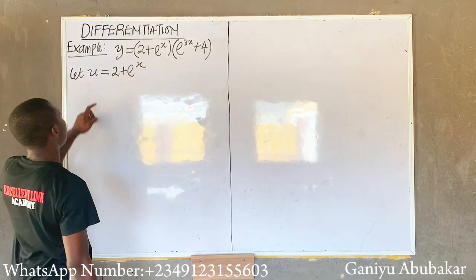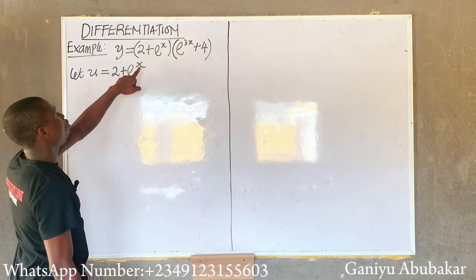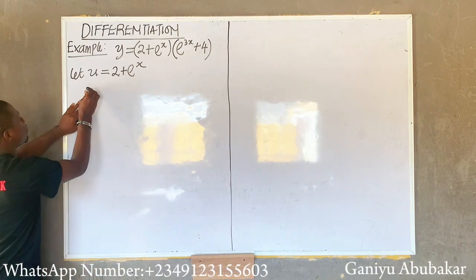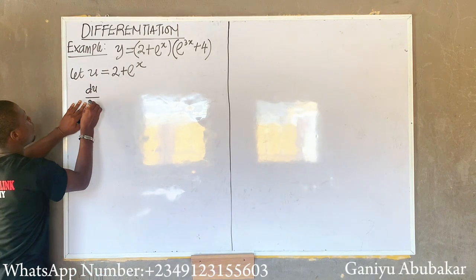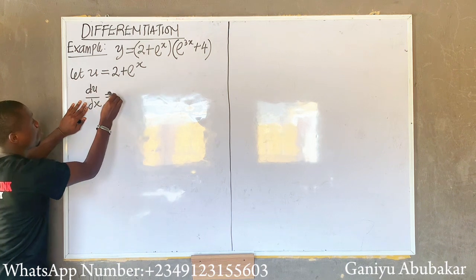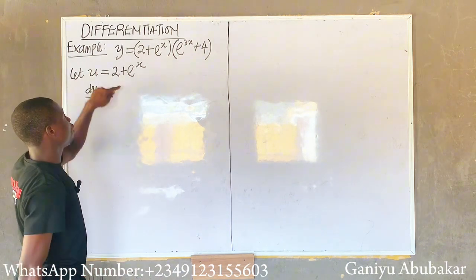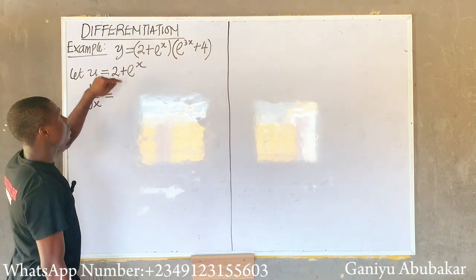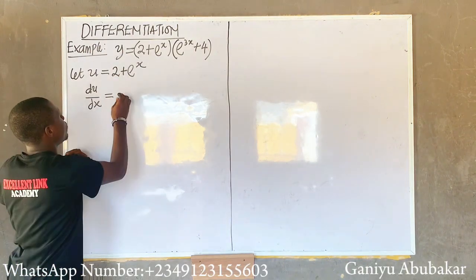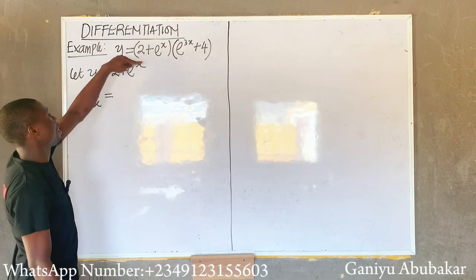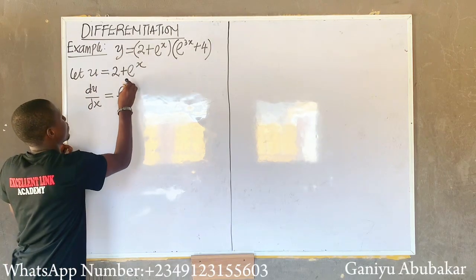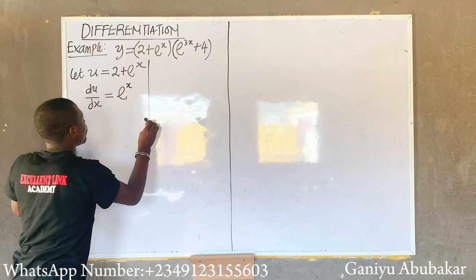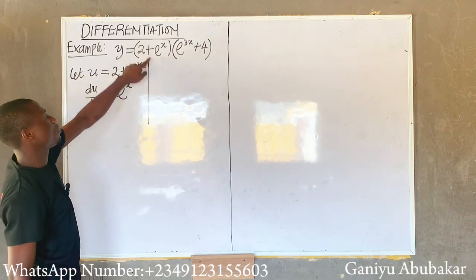Now differentiate U with respect to x. I'll have du over dx equal to, differentiate 2, that's 0, a constant term is 0. Differentiate exponential x, I'll have still exponential x.